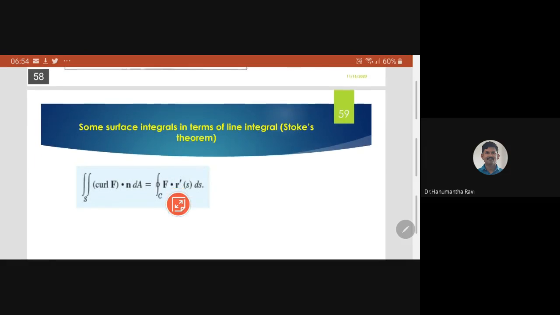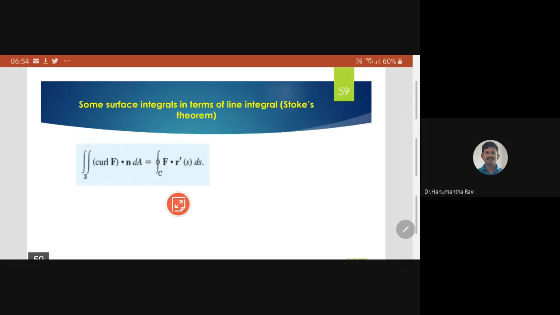And when it comes to Stokes theorem, please remember, where is the integrand here? Curl f bar dot n bar. You have a surface here. Stokes theorem always deals with open surfaces having a boundary, and the boundary is a curve.